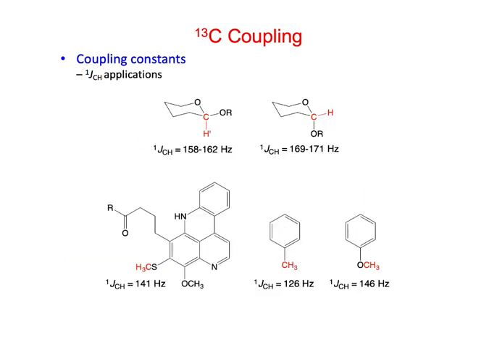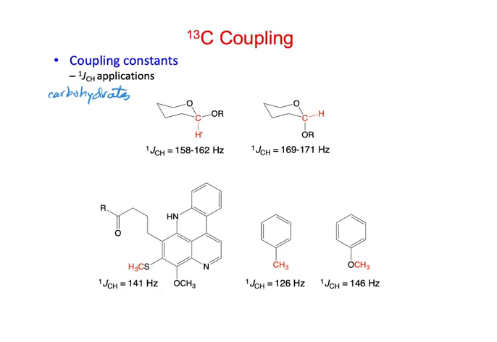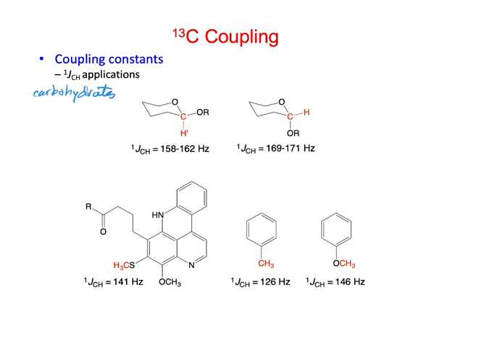All right, so what are some applications? Why do we care? For one, if you were working on carbohydrates, the one-bond coupling depends on whether, if we have some cyclic acetal like this, which would be like a sugar, with OHs on the rest of the carbons, if this H is axial, then the coupling constant is between 158 and 162 hertz.